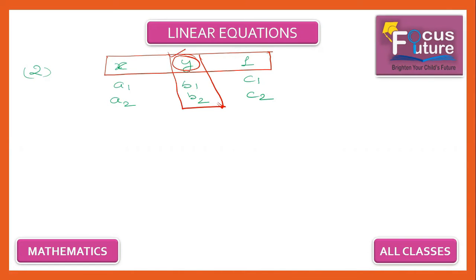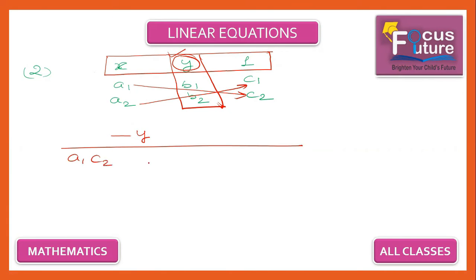Now you would cross multiply this and this. For y, you would have to take one precaution. So y would be minus y divided by a1 c2 minus a2 c1. Right?